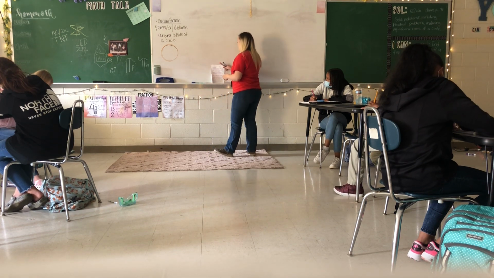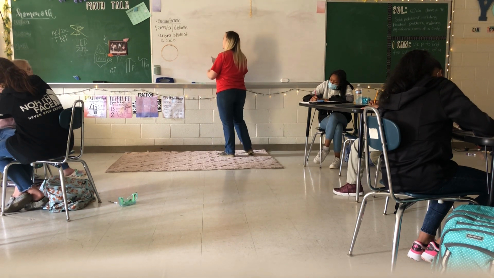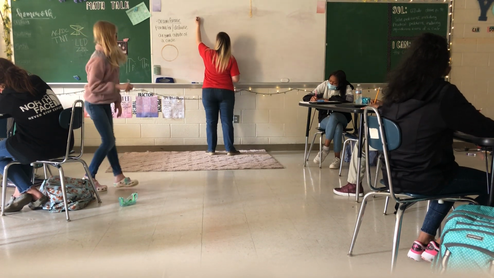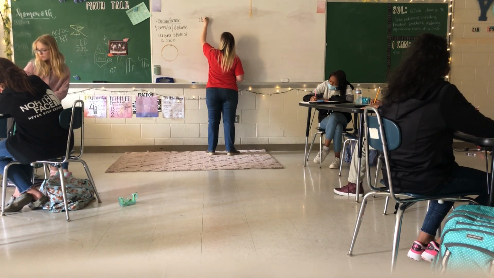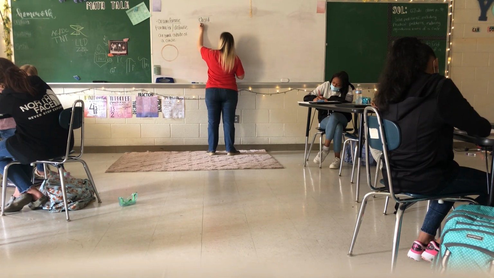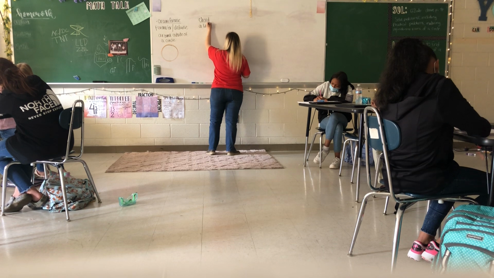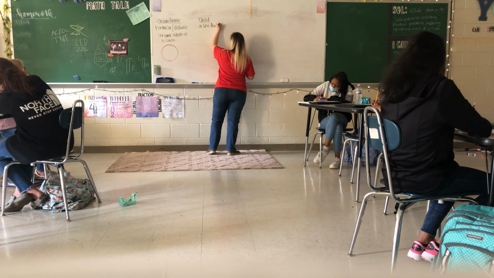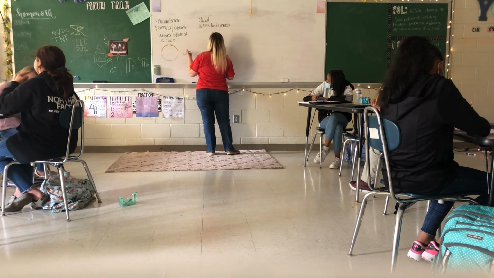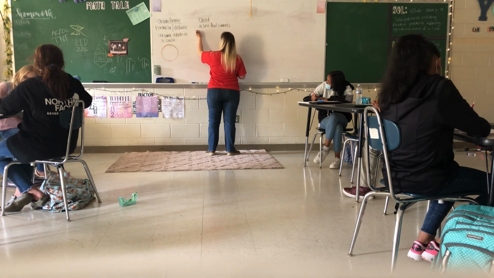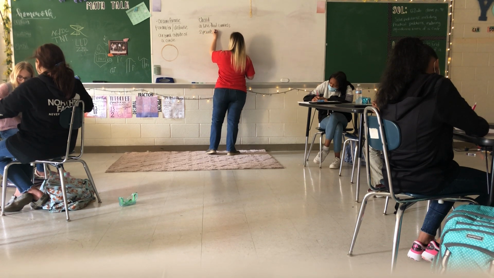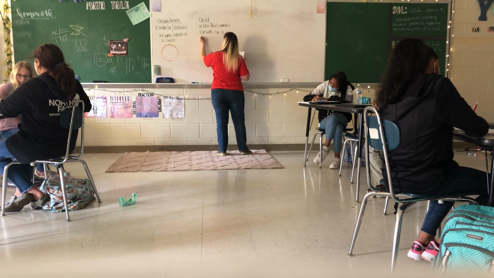Alright, y'all keep writing, I'm going to keep going too, but the next one is chord. Have you guys heard chord before? Okay. So a chord is a line that connects 2 points of a circle's circumference, and I'll show you what that means.